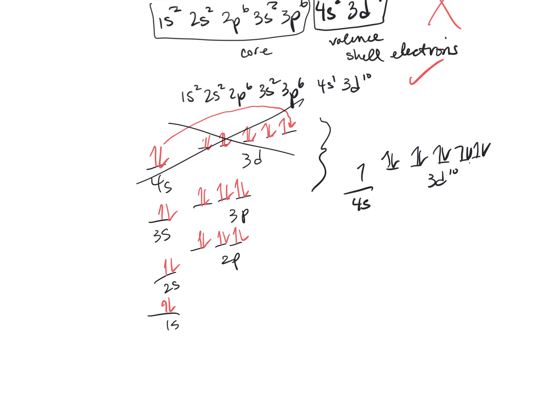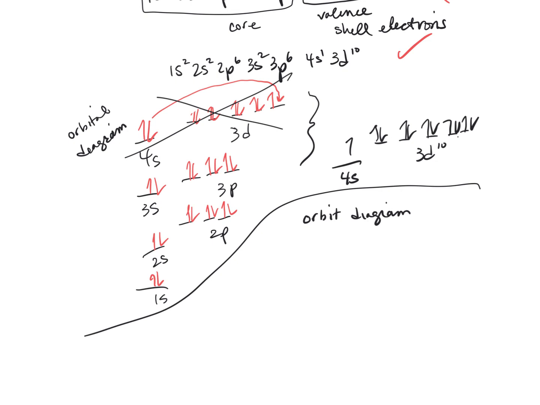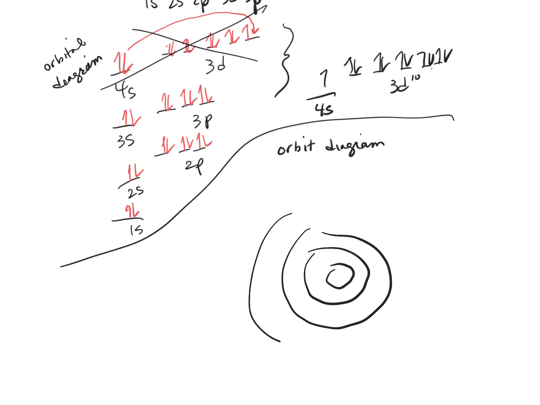And that's the orbital diagram, sorry, orbital diagram. And if you want to look at the orbit diagram, you'll have here n equals 1, n equals 2, n equals 3, and n equals 4.